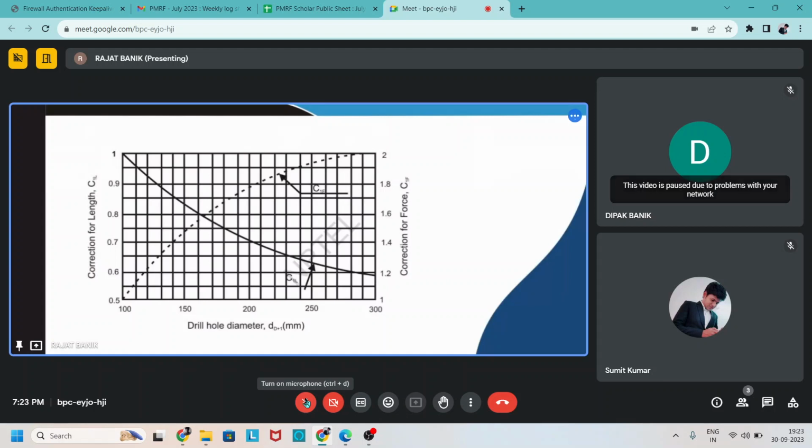The dashed line is for C1, so let's say the C1 chart is only for correction.